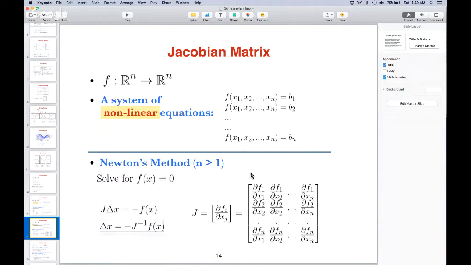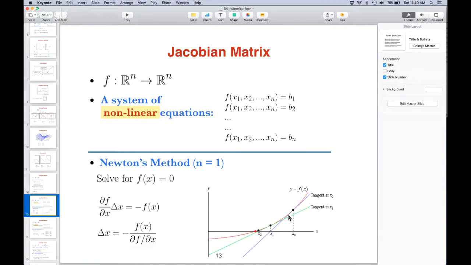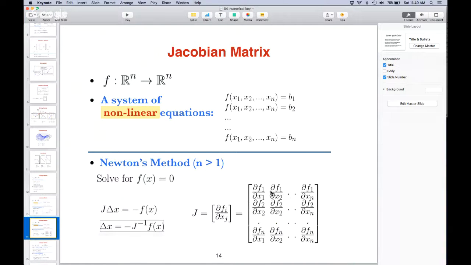For the multi-dimensional case, the solution for f of x equals 0, instead of the first differential of f with respect to x, you have a matrix of all these functions with respect to all the inputs, which is going to be an n by n matrix.